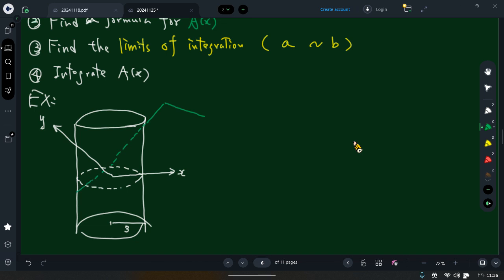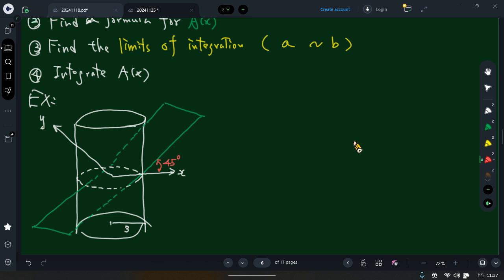Okay, so we still can have this part. The angle is 45 degrees.